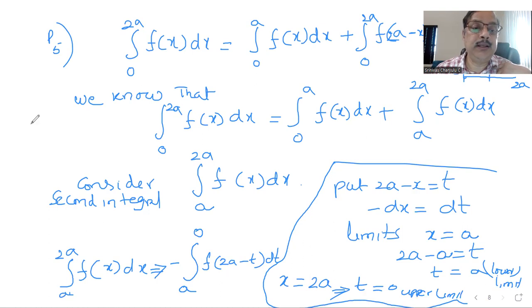Is it required to write? I think it is unnecessary confusion, simply I'll leave it like this. So a is equal to a here. When you put 2a, it became 0. So observe the upper limit here.